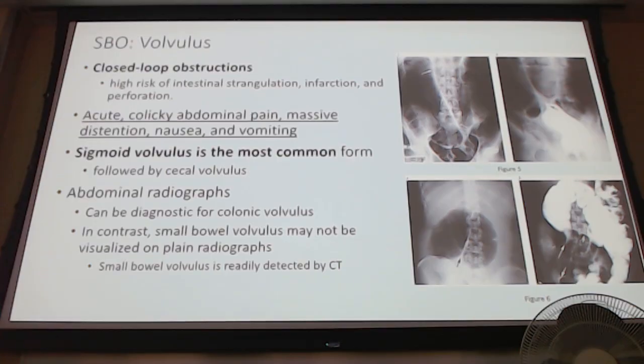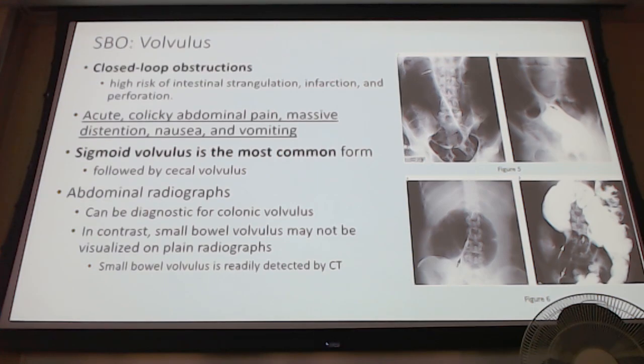There's a lot of bugs inside our gut, right? If it doesn't have anywhere to go, it's just going to multiply and cause distension and infection, and not good. So if you have acute colicky abdominal pain, massive distension, nausea, vomiting, this is where you have that.